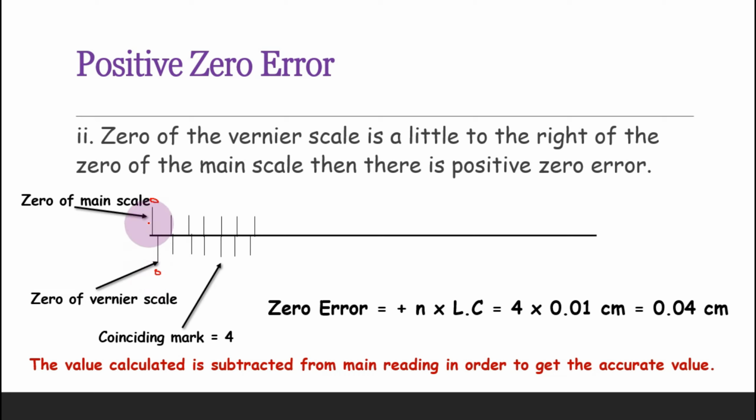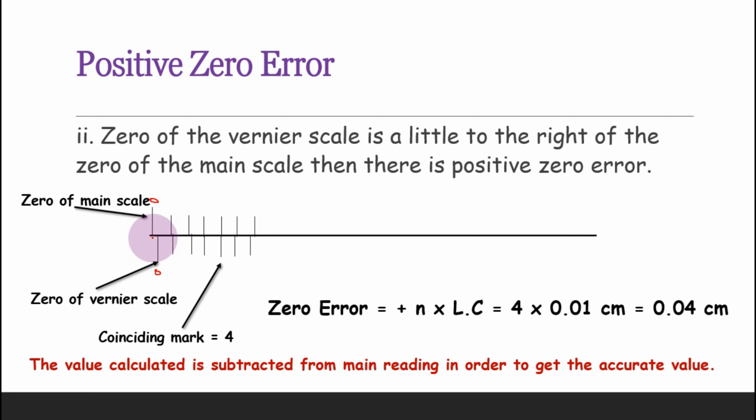So why does this occur? Basically, sometimes the instrument becomes rusty and you are forcing it but you can't close it. It occurs when you leave the vernier caliper in air or in some open place for a longer time, so it gains rust and you cannot push it further, it can't be closed.